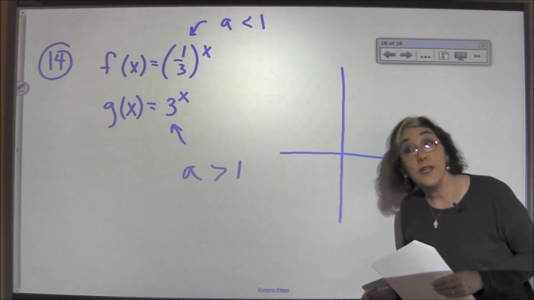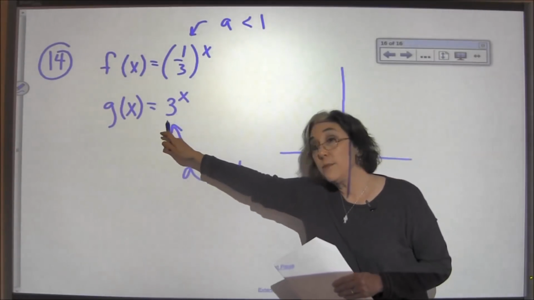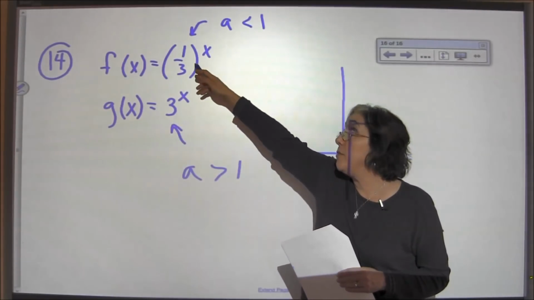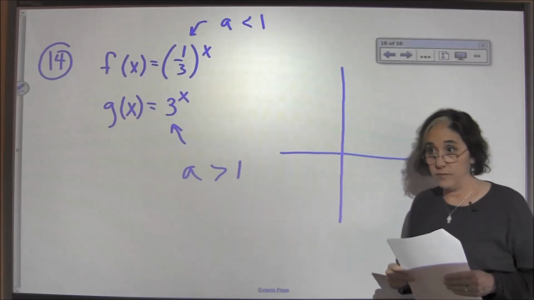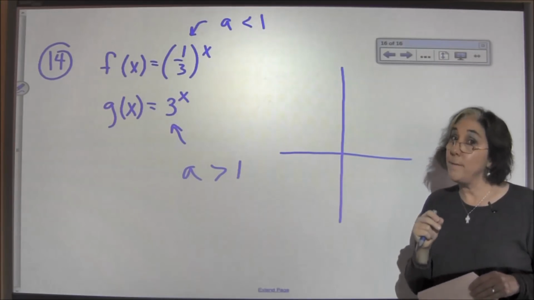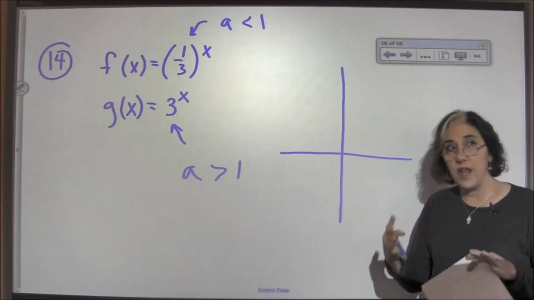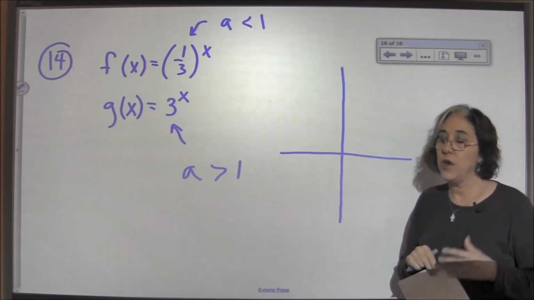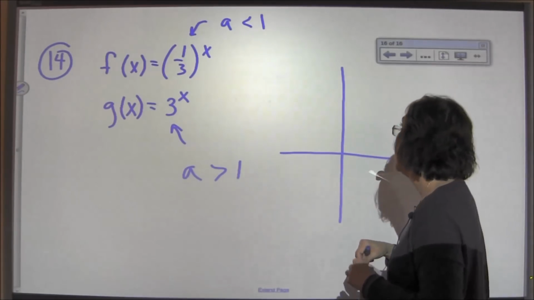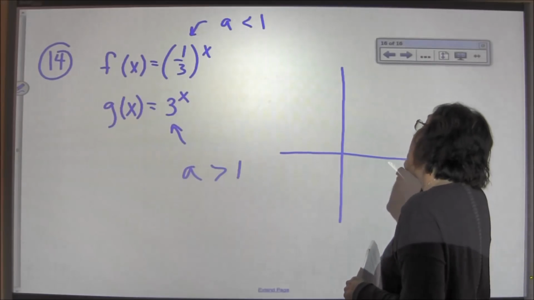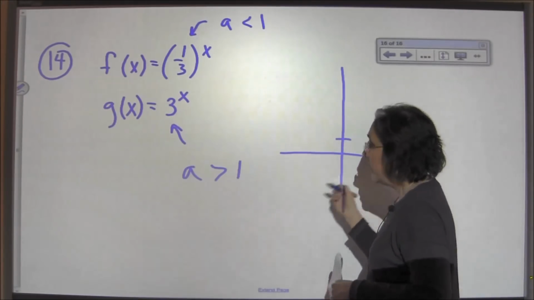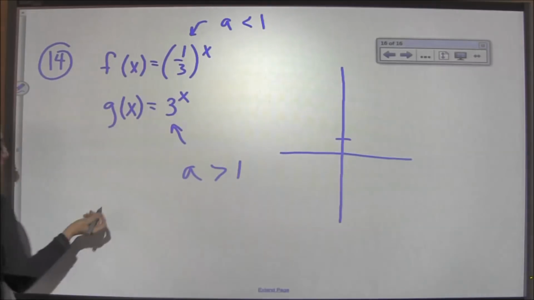And so the difference is this exponential will increase. When we have a base less than 1, it decreases. And I'm talking about the basics, not if we reflect or shift. Well, reflections mainly could change that. This one's pretty easy to type into your calculator.